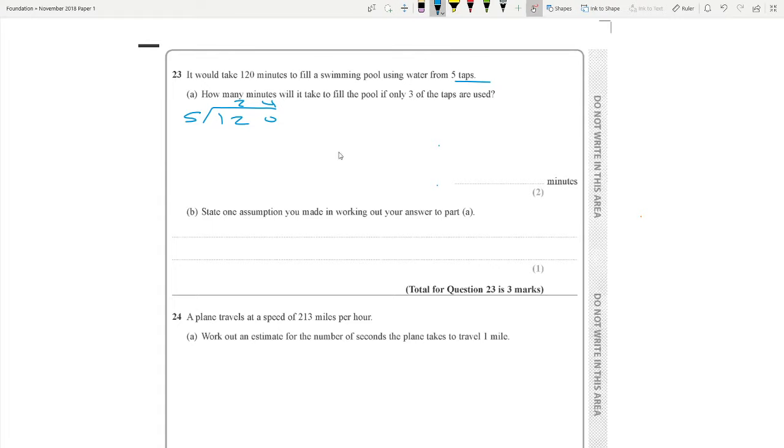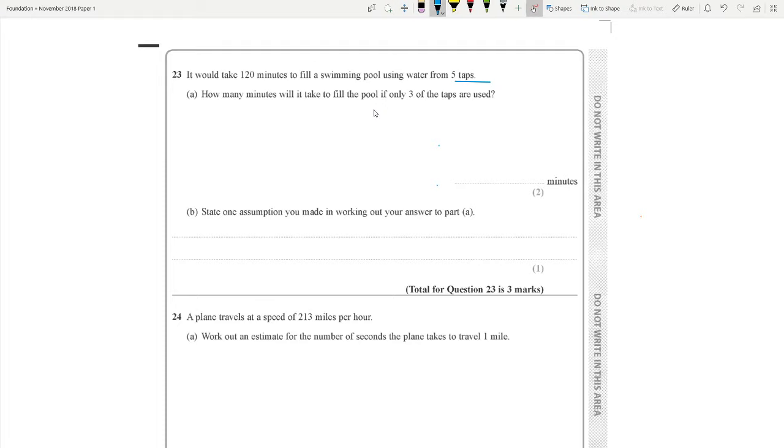So 120 minutes to fill the swimming pool using water from 5 taps. Yeah, okay, I made a mistake here. So it would take 120 minutes to fill a swimming pool using water from 5 taps.